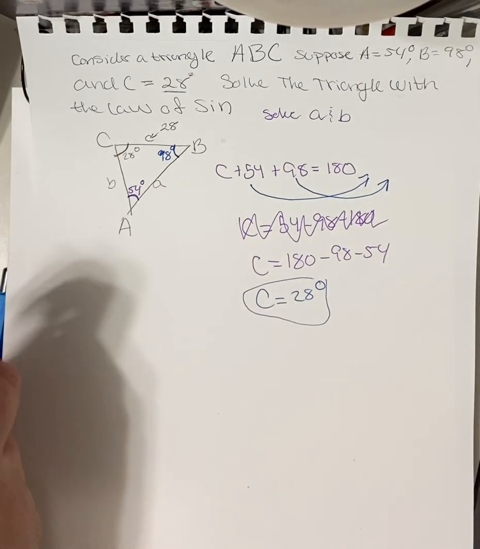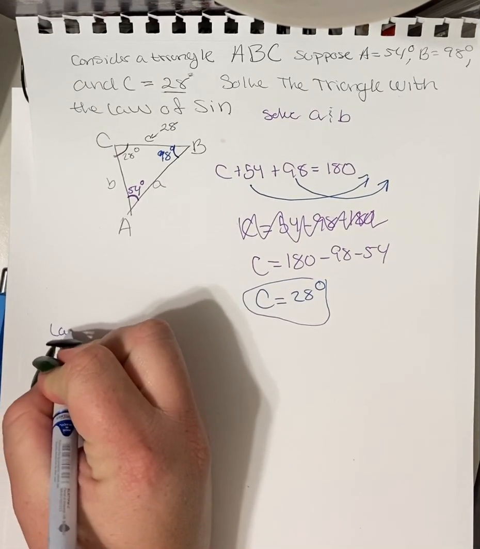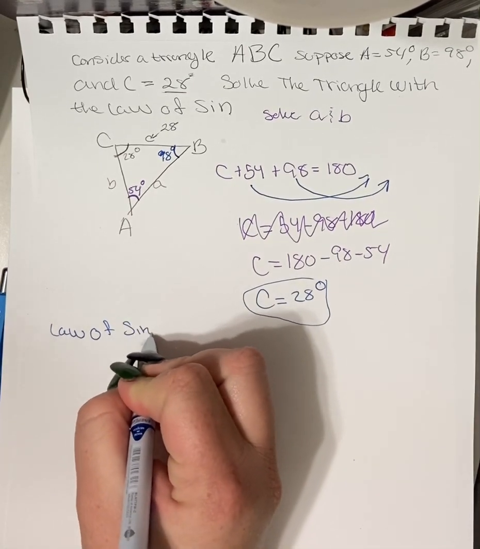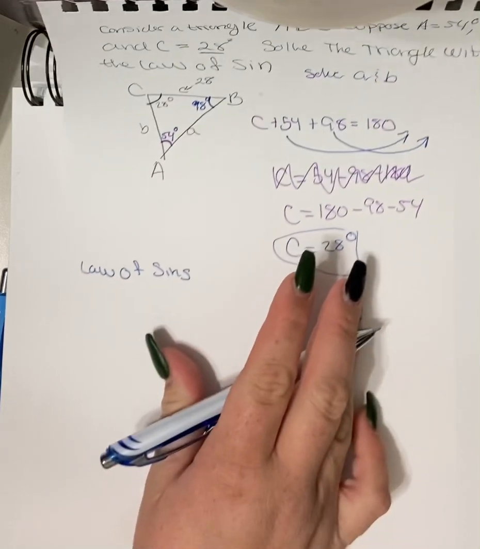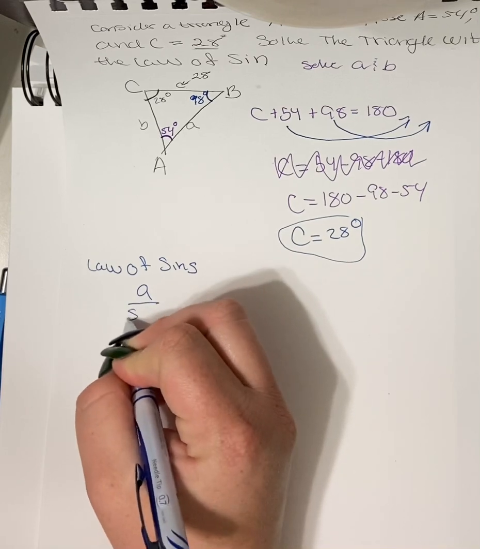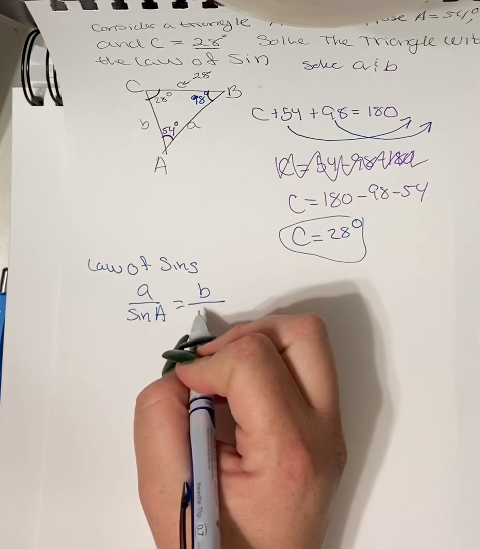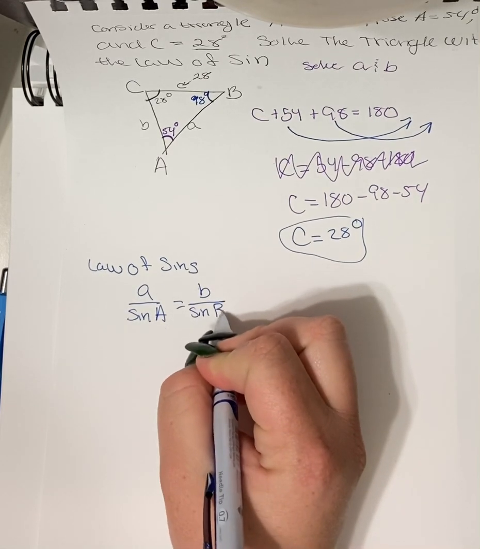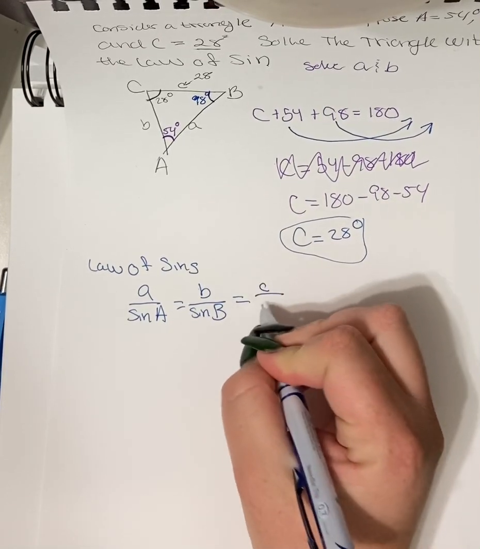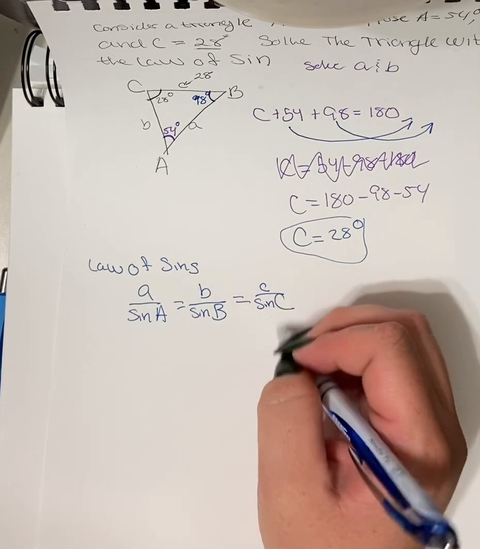So we're going to do the law of sines. The law of sines is sin A over A, sin B over B, and that is equal to sin C over C. So we know what C's are, right?